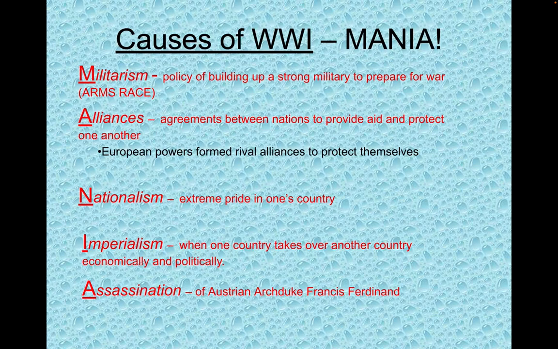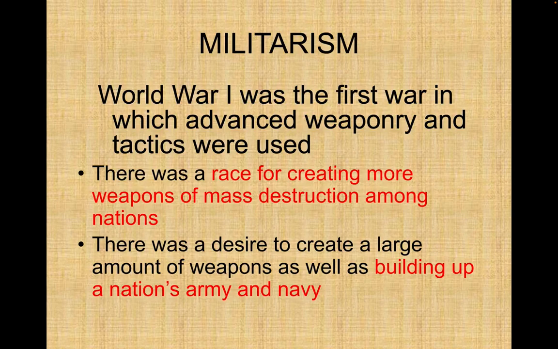So let's go ahead and talk about militarism. World War One was the first war in which advanced weaponry and tactics were used. There was a race for creating more weapons of mass destruction among nations. There was a desire to create a large amount of weapons as well as building up a nation's army and navy.